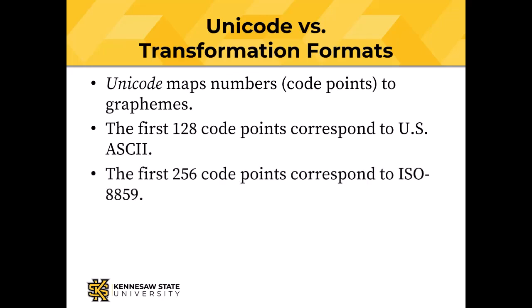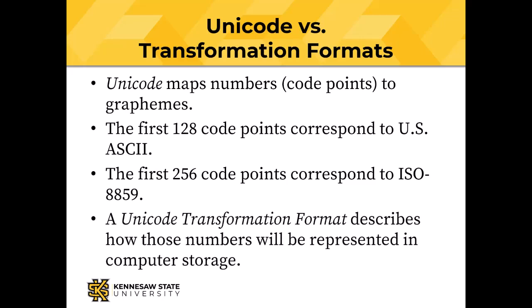The first 256 points correspond to ISO 8859. Remember, in ISO 8859, the first 128 code points were ASCII. The next 128 were used to encode things like that Swedish OA letter. That's Unicode. Code points are numbers assigned to graphemes.